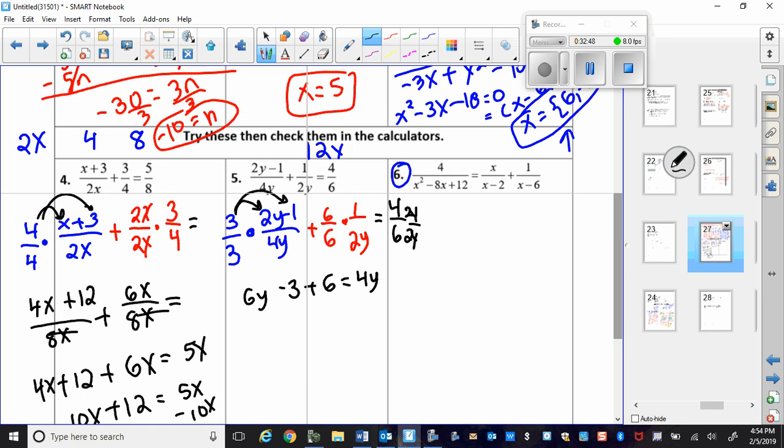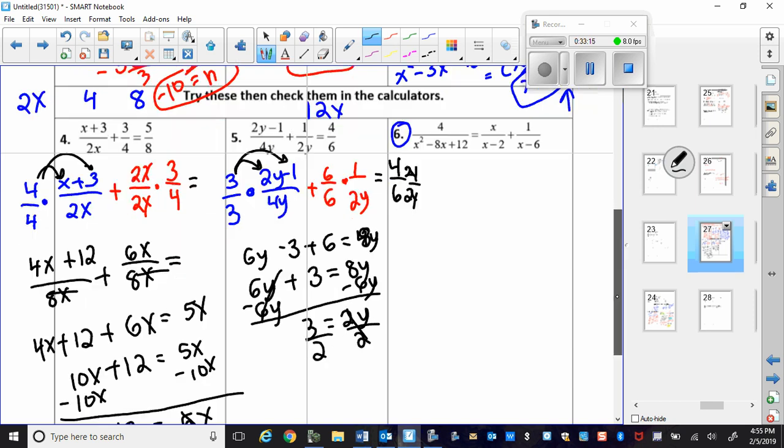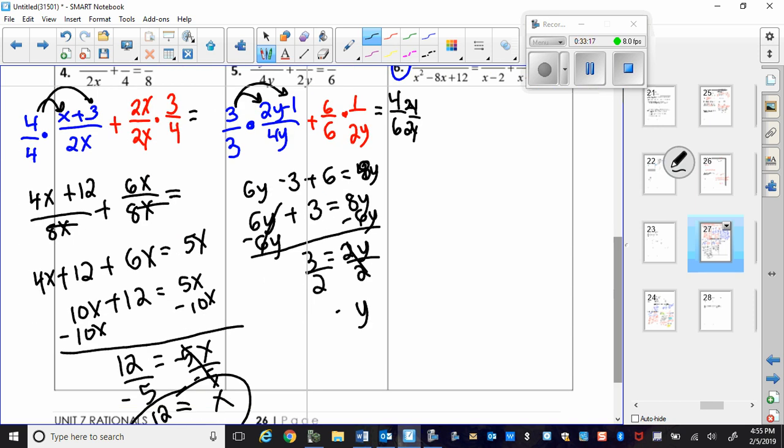And change that to 8 here, 8y. All right. Now, combine like terms, I'm left with 6y plus 3 equals 8y. Subtract 6y on both sides. 3 equals 2y. Divide both sides by 2. y equals 3 over 2.